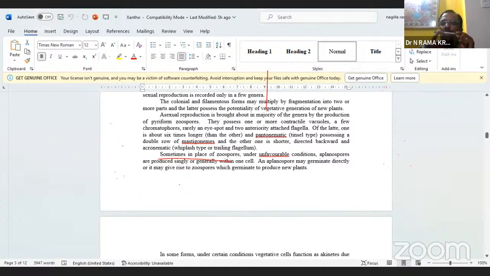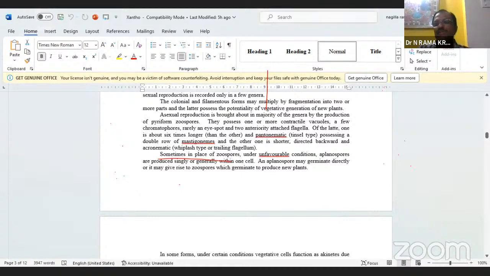All the nuclei and protoplasm move from here to here to here. We call this coenocytic. And this thallus is siphonaceous, meaning a tube-like structure. When you touch it like this, it is a tube-like structure, which we call siphonaceous.